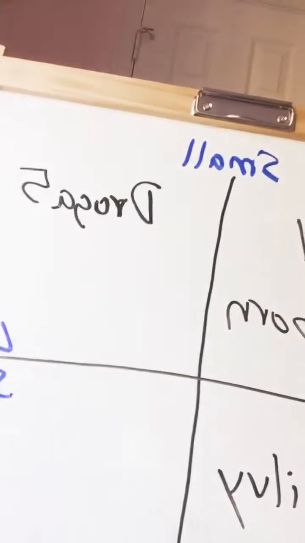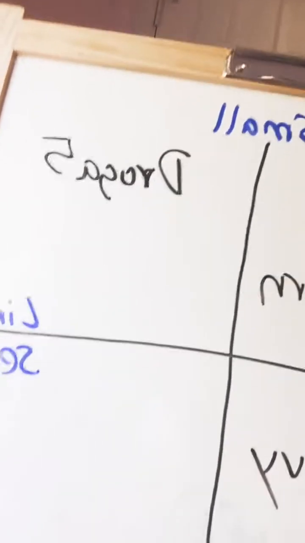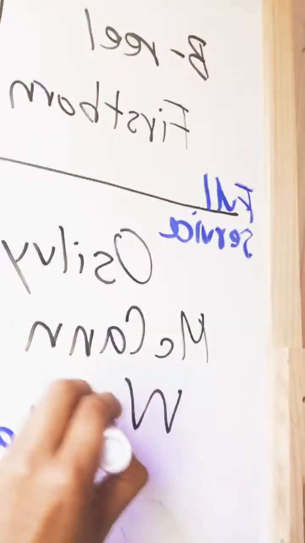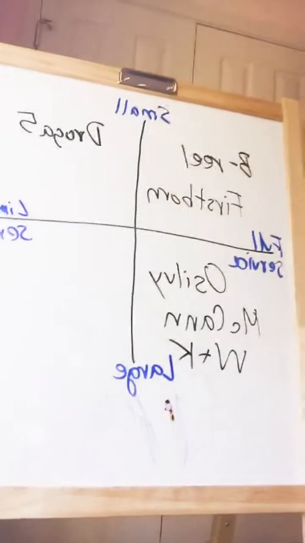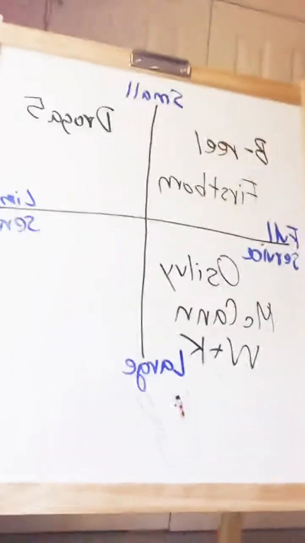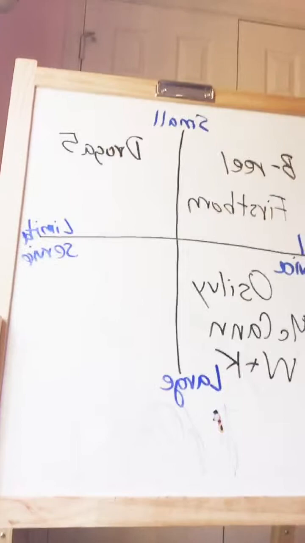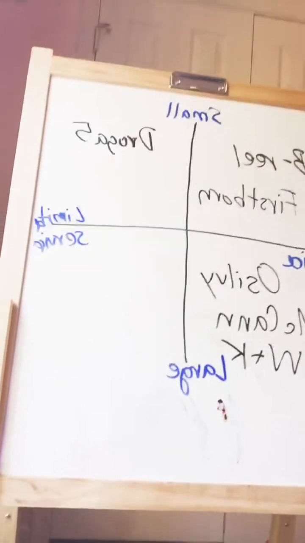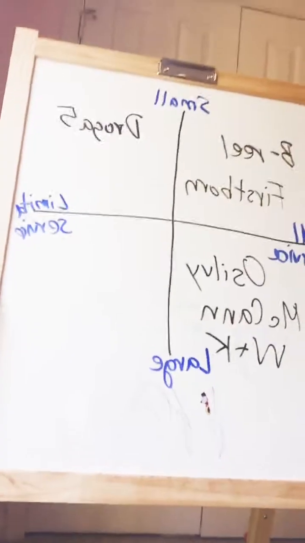So Ogilvy, McCann, and also Wieden+Kennedy. Those are the categories of the companies that I have looked at, that I consider working with among those companies in New York City, because that's where I want to live or work.